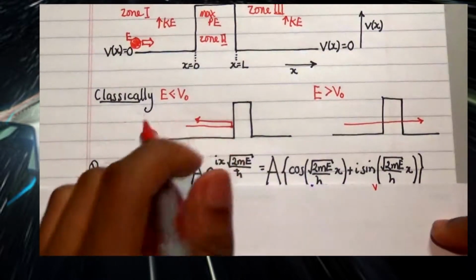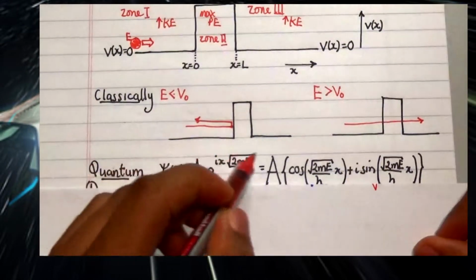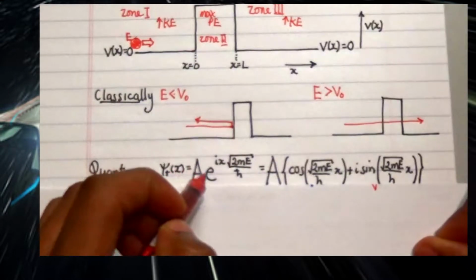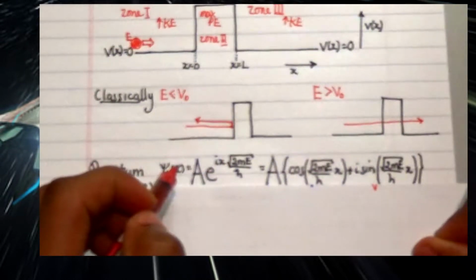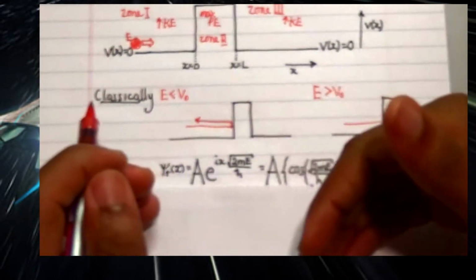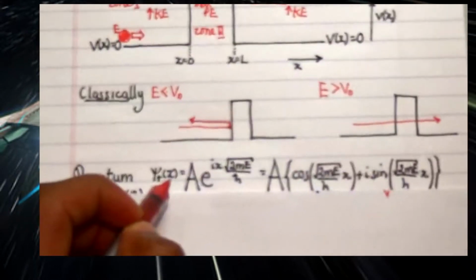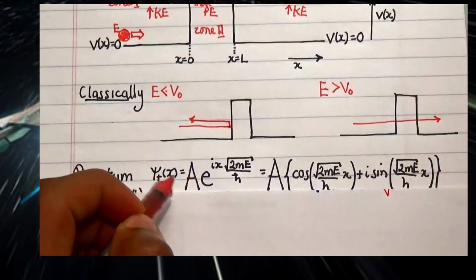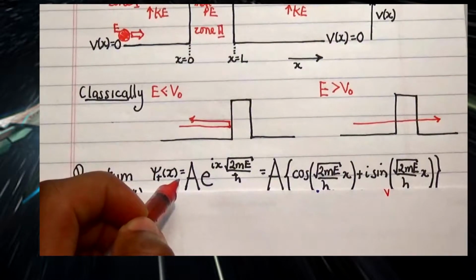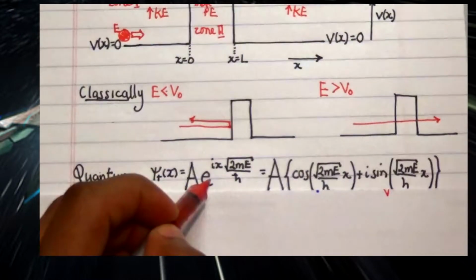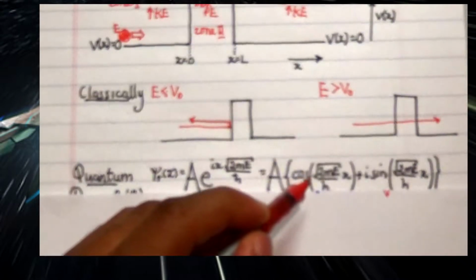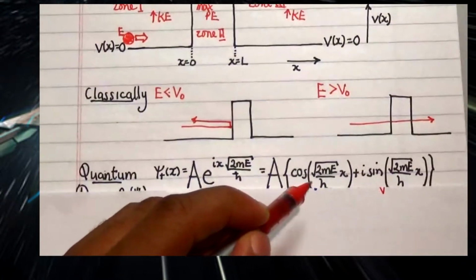So now in this particular case, what will happen going from classical to quantum mechanics? For quantum mechanics, we take into account our wave function, which is what we used in our previous video for a particle in free space without any barrier at all. Here we're looking at the positive direction of our particle moving in the x direction, where we have our exponential, which is similar to what we have in our cosine wave function.